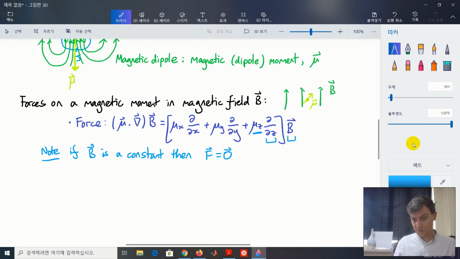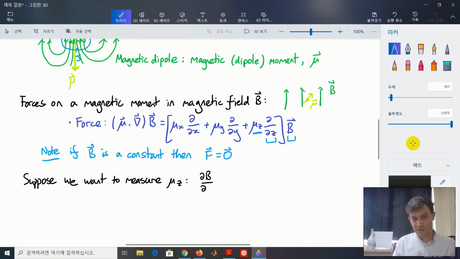Okay, so suppose we want to measure mu z. In order to do that, we need that dB by dz should be a non-zero constant, just constant so we know how big it is.